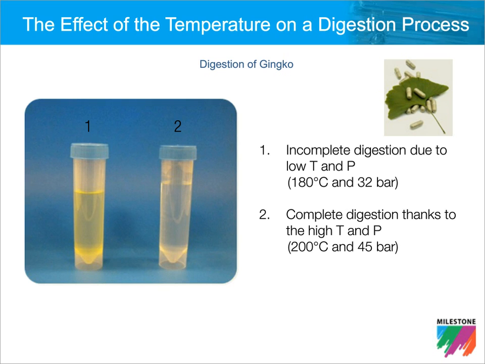To eliminate that problem, we needed to go to a much higher temperature of 200 degrees. And that's what you're seeing in the second sample there. The sample was done at 200 degrees, and look how nice, crystal clear, almost water it is. This is success when we're talking about sample preparation.